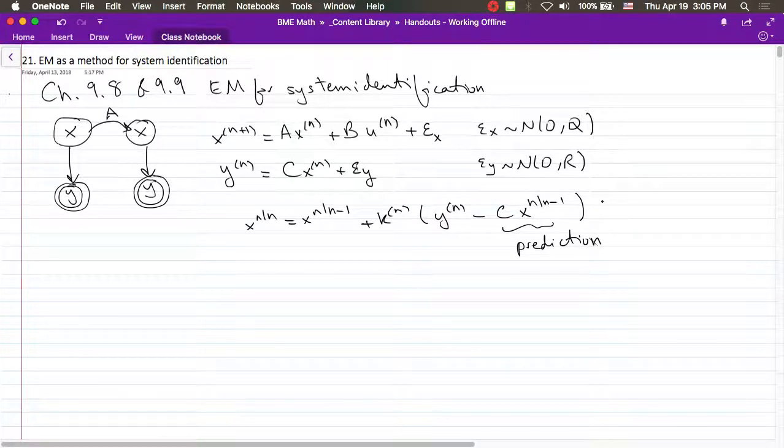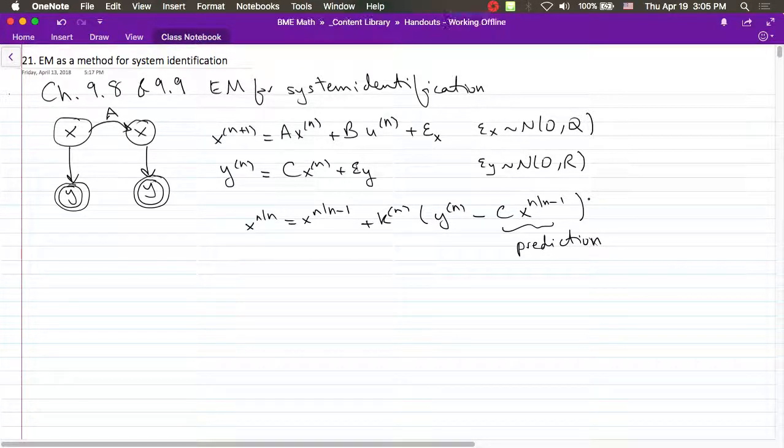Okay? So what do we do in EM? What we do is that we say on the first attempt, our E step, we're going to imagine that we have the parameters of the system, the things that you're looking for: A, B, C, and things like that. And so if you had A, B, C, and the parameters of the system, what would be the best estimate of what remains, which is X?